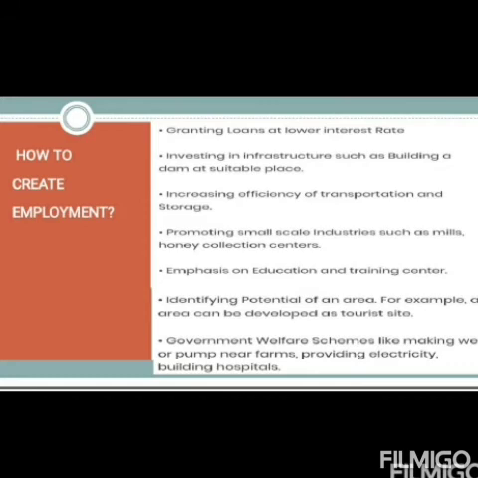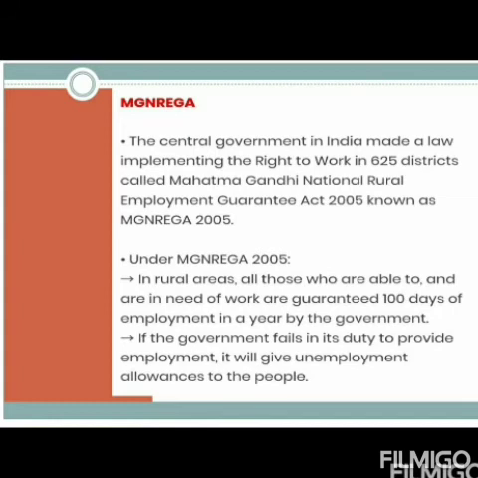The Mahatma Gandhi National Rural Employment Guarantee Act 2005 was started by the government. In rural areas, all those who are able to and are in need of work are guaranteed 100 days of employment in a year by the government. If the government fails in its duty to provide employment, it will give an unemployment allowance to the people.